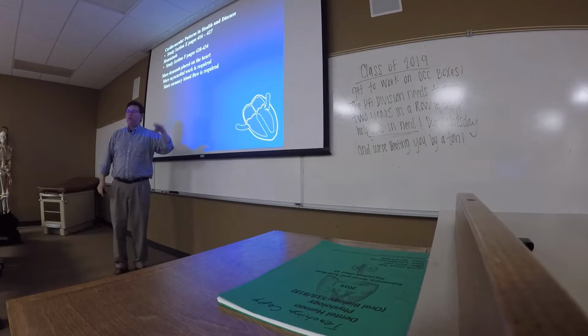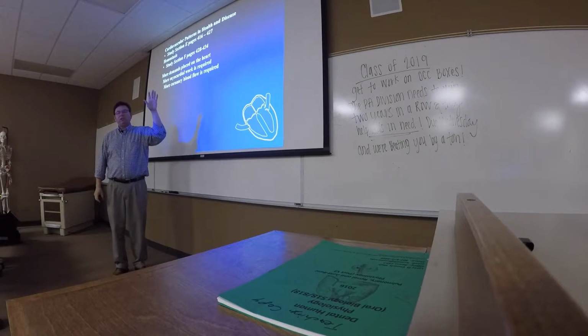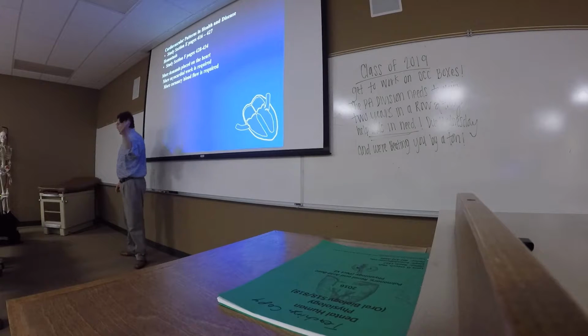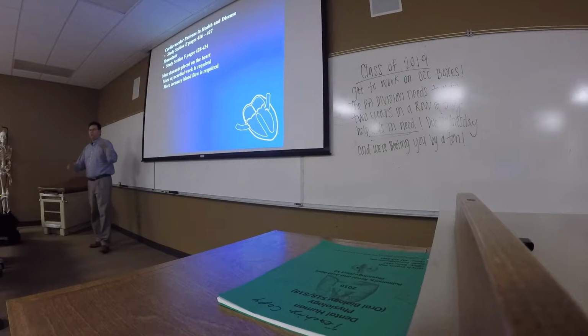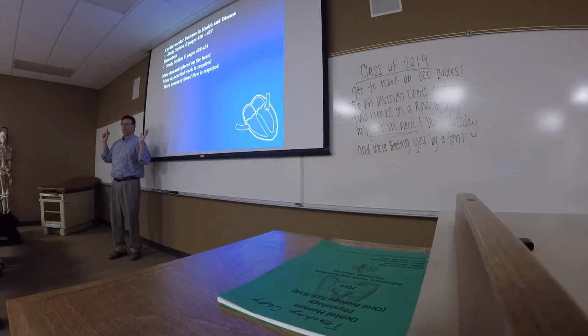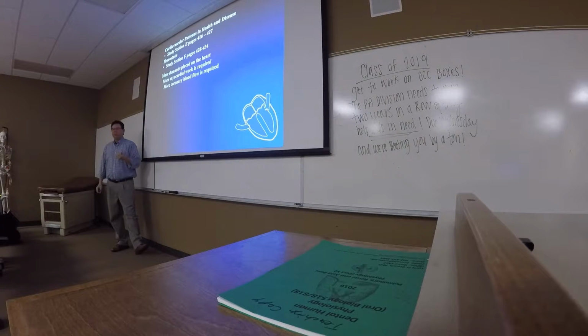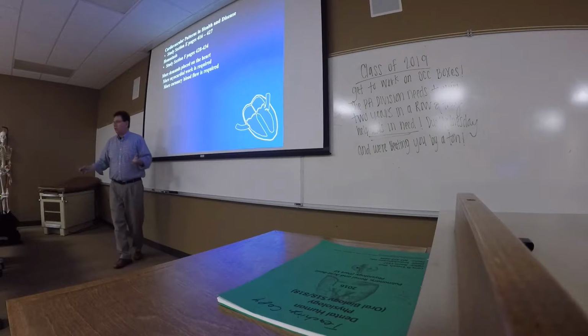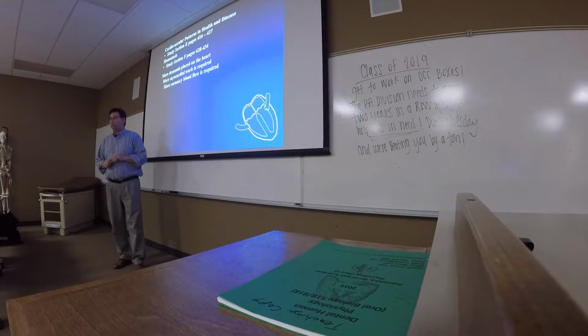And remember, it's very coordinated how it goes from SA node to AV node, down the bundle of His, the right and left bundle branches, and the Purkinje fibers to the myocytes. So what if you have, in specific areas, decreased blood flow to some of those conduction areas? That can lead to conduction disturbances.